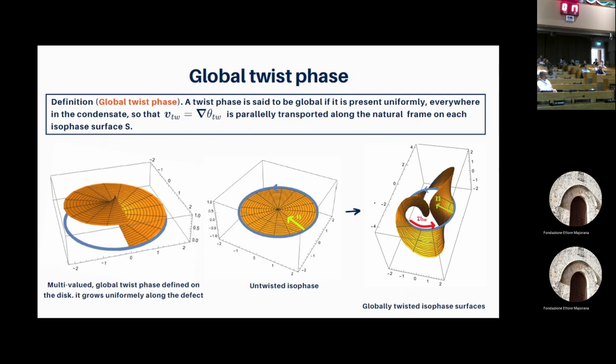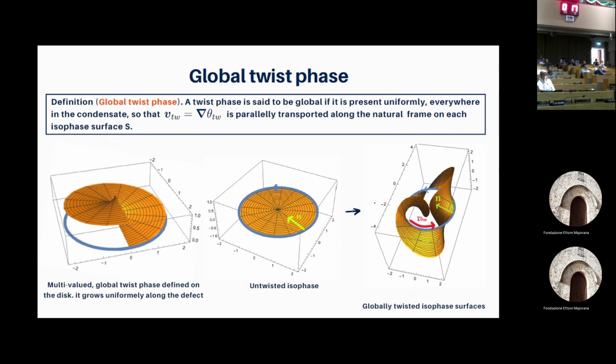The natural frame, if we fix the disk isophase surface, is the green vector here, n, which is defined to be everywhere orthogonal to the vortex line and staying on the isophase surface. So the twist velocity is parallelly transported along this n if the twist is global.